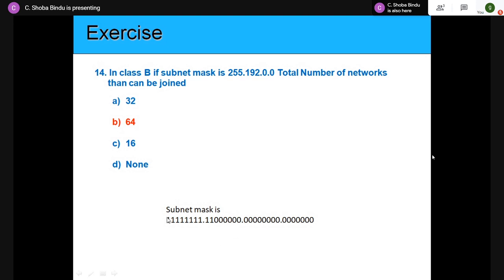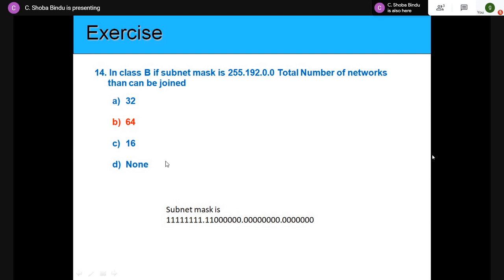As I said in the previous class, when you go for supernetting, the number of ones in the mask gets decreased. Here I am combining 2 to the power of 6 networks, and hence the number of ones is reduced by 6 bits. So the number of networks that you have joined is 2 to the power of 6, which comes to 64 networks. That is the concept of supernetting.